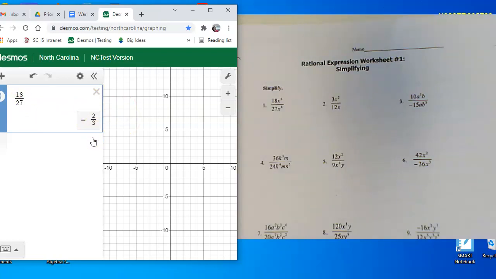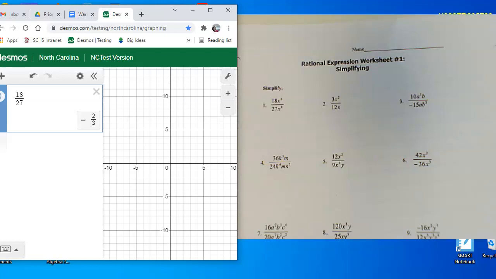So that's one way you can do that. In your calculator, if you put 18 over 27, and then go to Math, and number 1, which is fraction, press Enter and Enter, that will also reduce it for you. If you don't want to use those, you can just figure it out yourself, that's fine too. But those are the calculator ways. So you can use the calculator, Math, fraction, or you can use Desmos and just put it in.